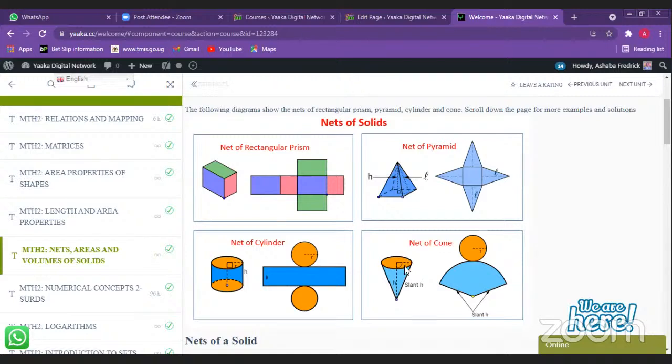So when we open the cone, this figure here is called the cone. It has a base which is a circle of radius r, and then the height above to the vertex. Then this one here, we call the slant height, the one on the sides.